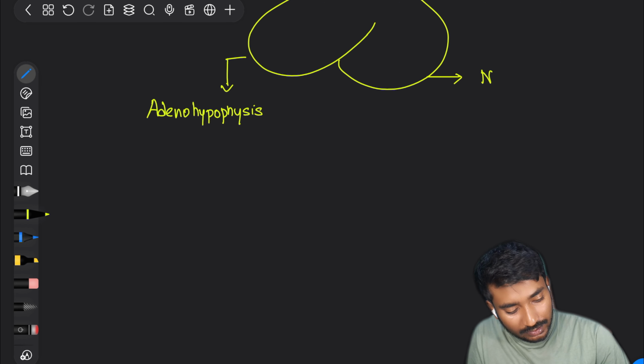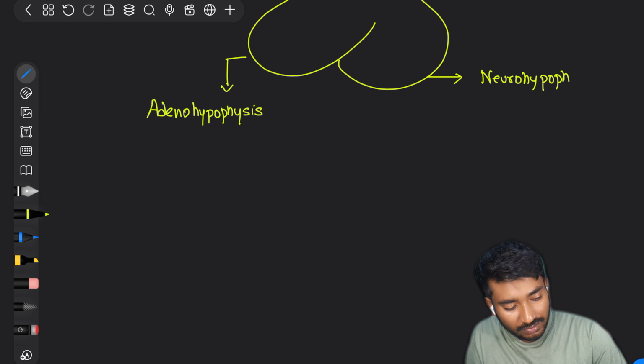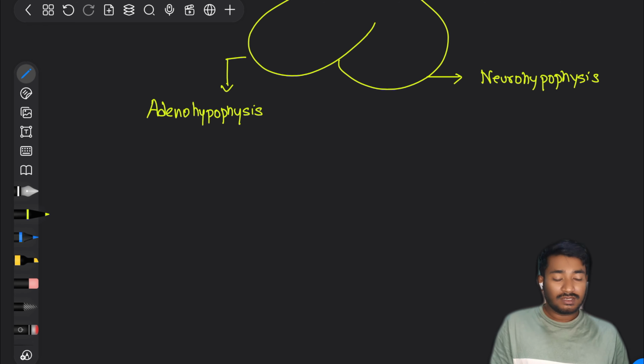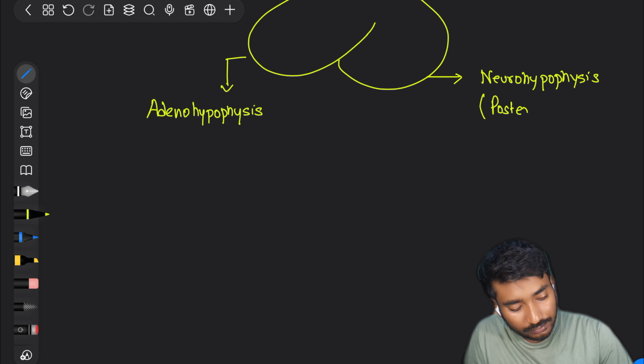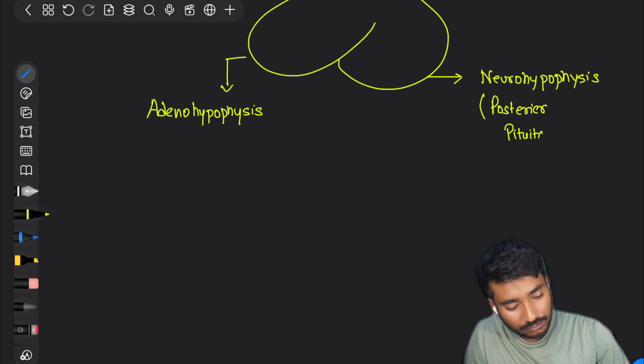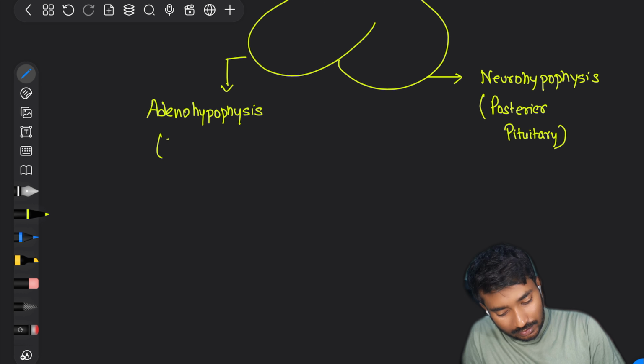This is the neurohypophysis. Okay, so neurohypophysis is the posterior pituitary, and this is the anterior pituitary.